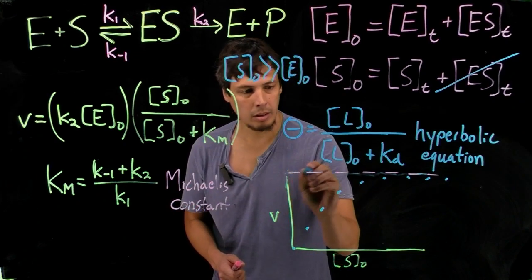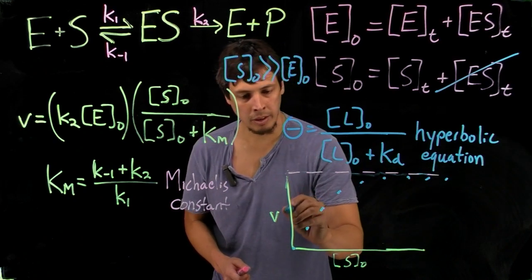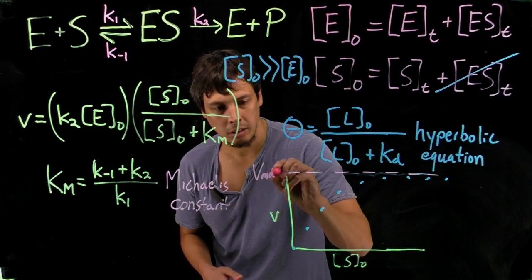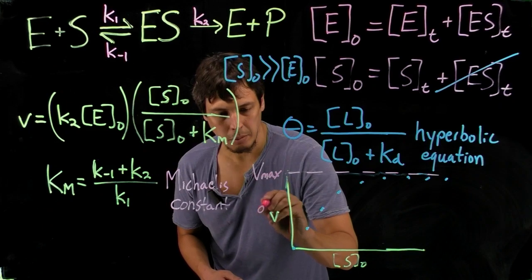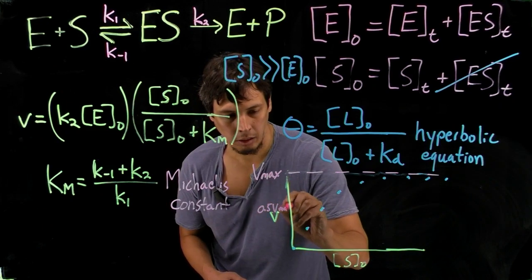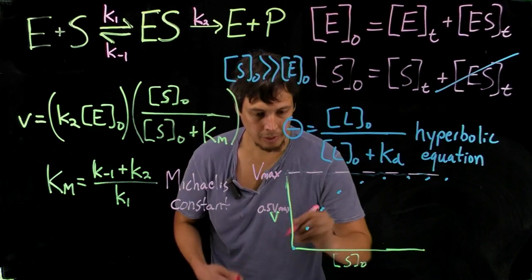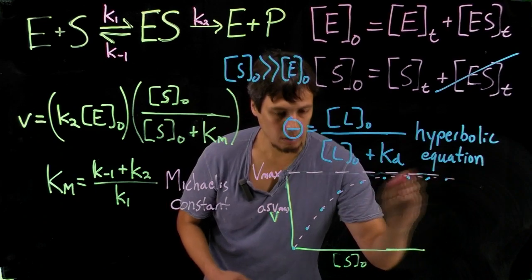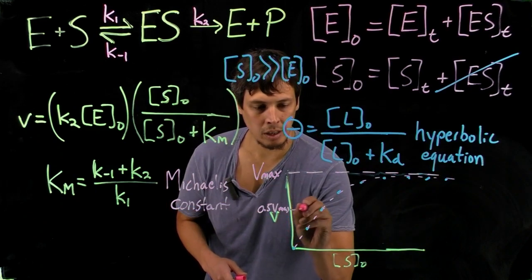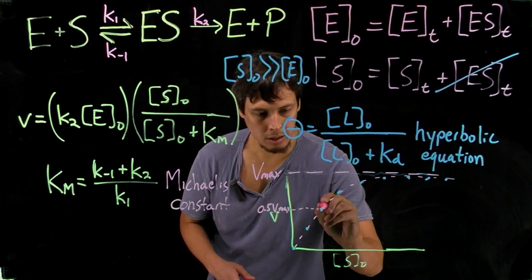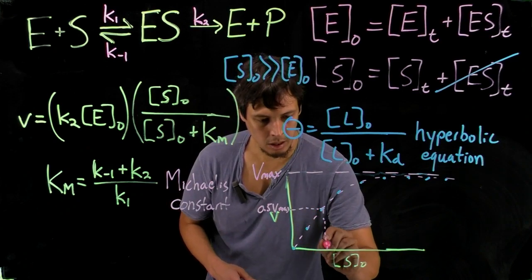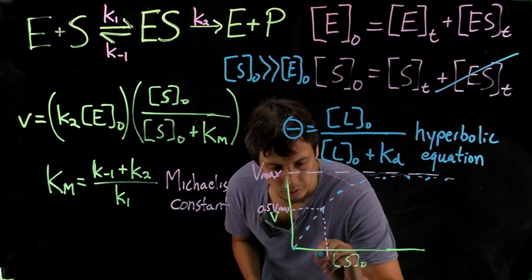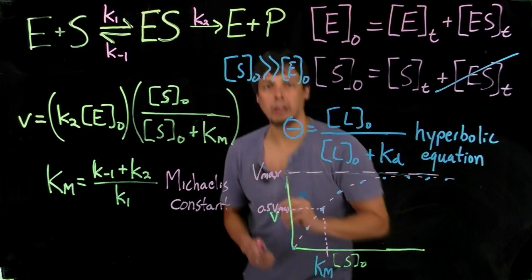So if this is our maximum velocity, which we term Vmax, at 0.5 maximum velocity on a Michaelis-Menten plot, we can project down to the substrate concentration, and that is going to be equal to the Michaelis constant.